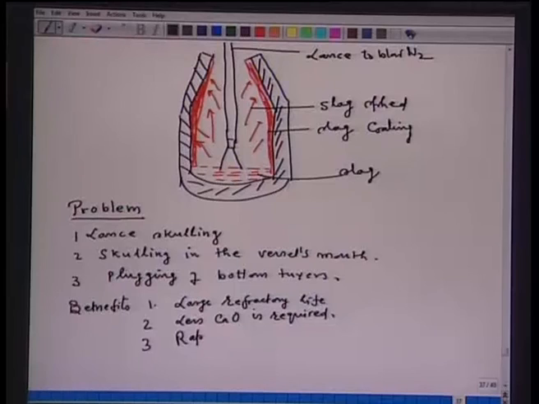So, rapid formation of a basic slag and rapid CaO dissolution conditions exist right in the beginning of the heat.